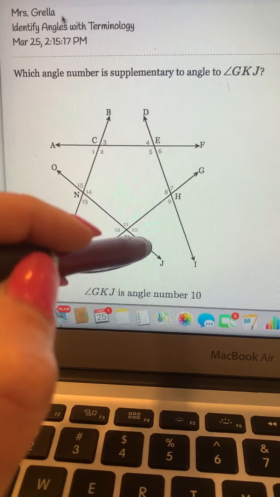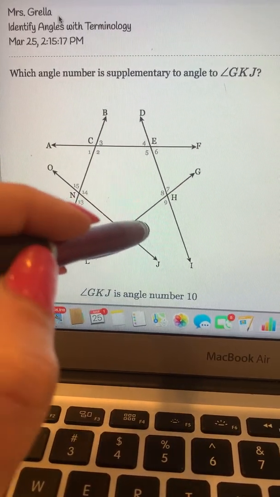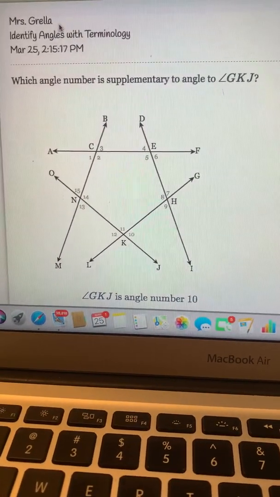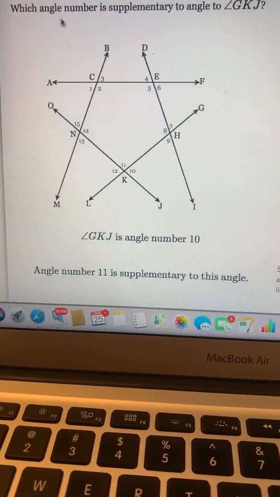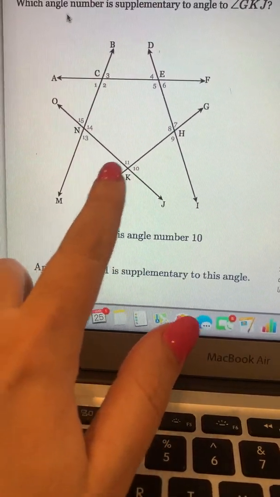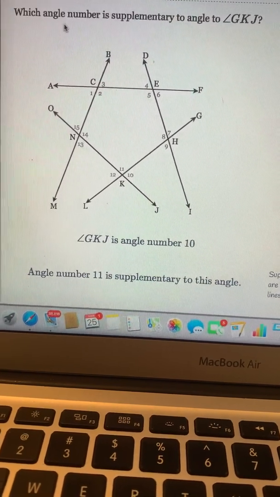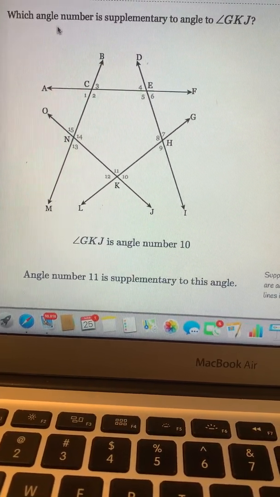Supplementary forms a straight line or 180 degrees with that angle 10. So that would be angle 11. If you wanted vertical to that angle 10, it would actually be angle 12 because they're across. Depending upon the question they ask is how you would identify these relationships.